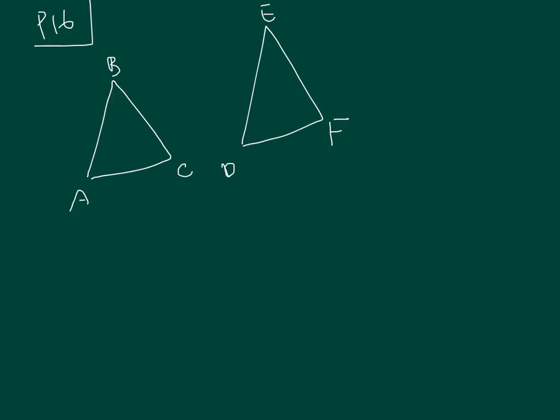The measure of angle B and angle E is 47 degrees, and AC equals DF, which is 10 inches. Those are the corresponding parts that are congruent. Are these two triangles congruent?